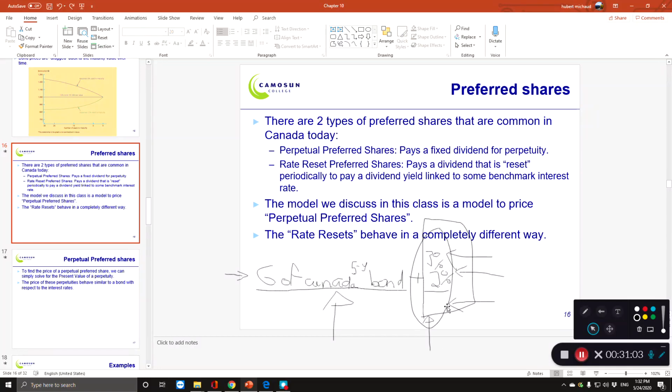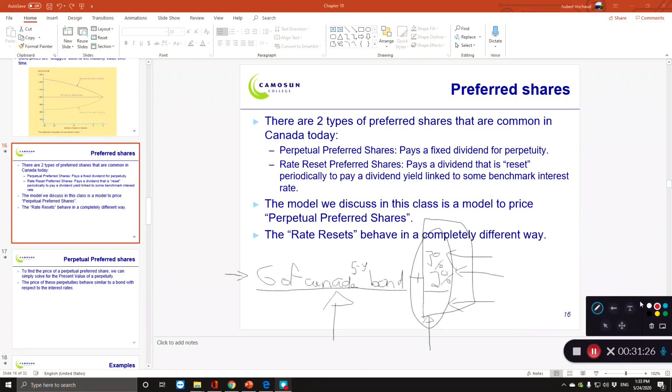Okay, so rate resets will behave like this. So basically a rate reset like this would take the Government of Canada 5-year bond rate and add 2 or 3 or 4 or 1%. And the interest rate or the dividend that you get on these shares will be reset every 5 years based on the formula that we just talked about here.